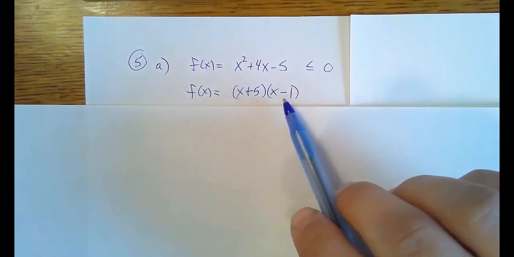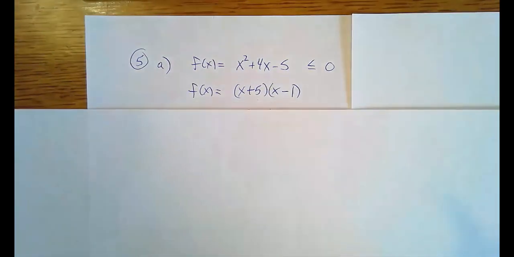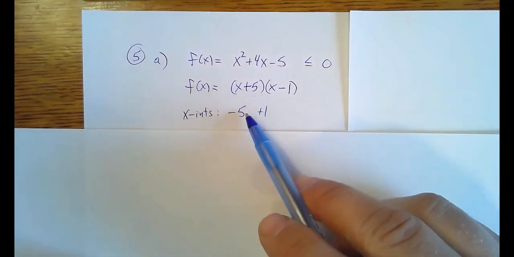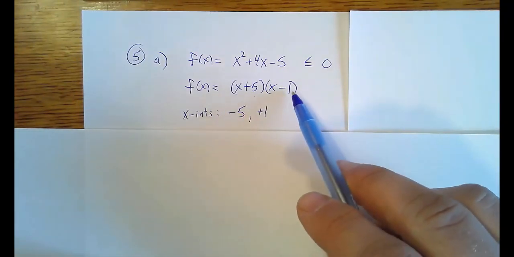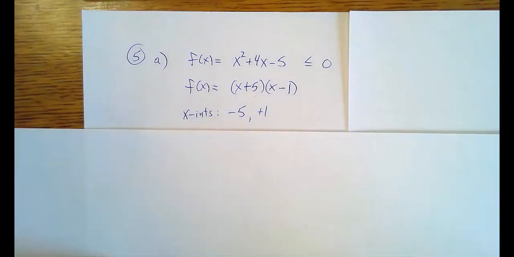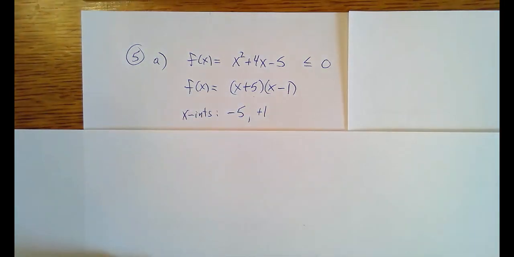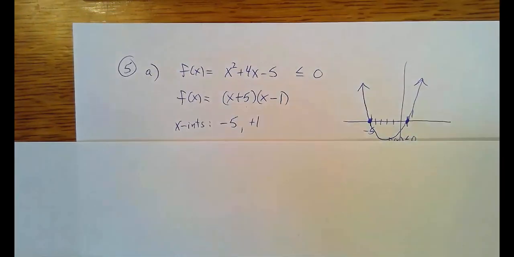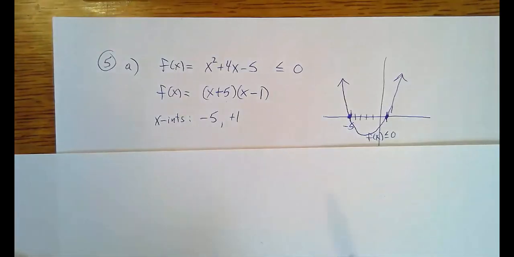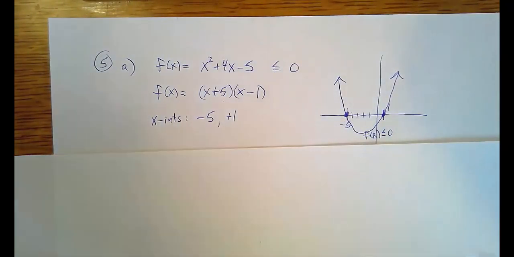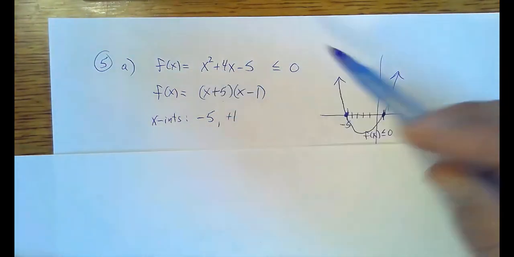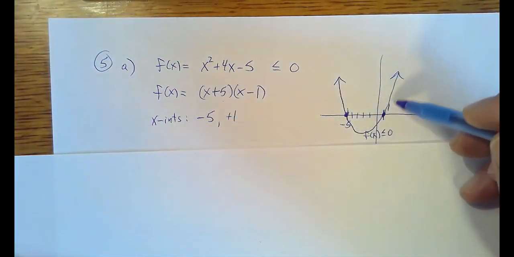So from this factored form, we can find the x-intercepts from each one of these factors. X plus 5 gives us an x-intercept of -5. X minus 1 gives us an x-intercept of +1. So now we can analyze the graph of this quadratic function. We see that we're going to end up with a parabola that looks something like this. So we have an x-intercept at -5 and at +1, and this is a parabola that opens upward because we have a positive leading coefficient.